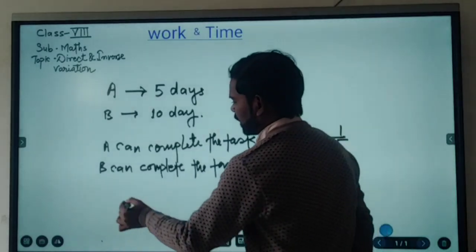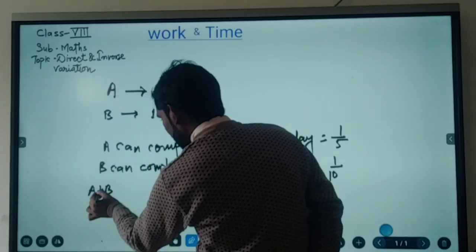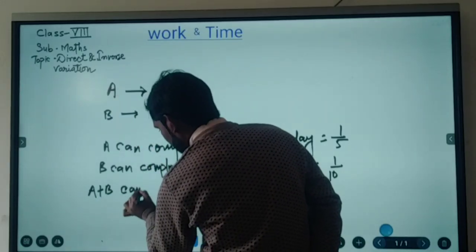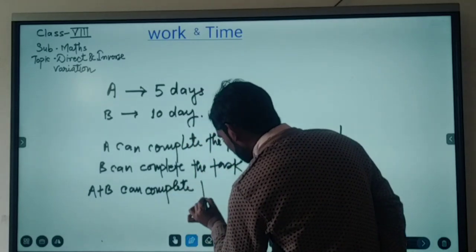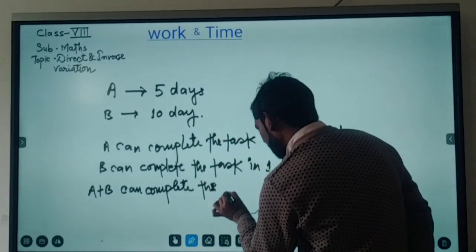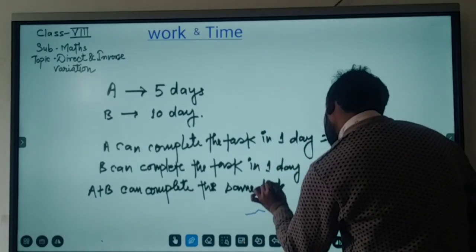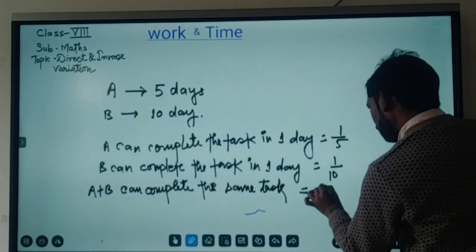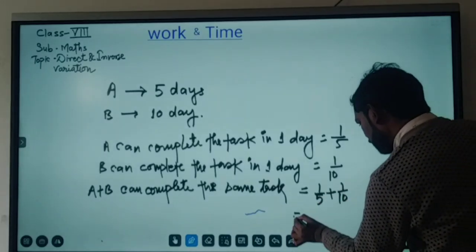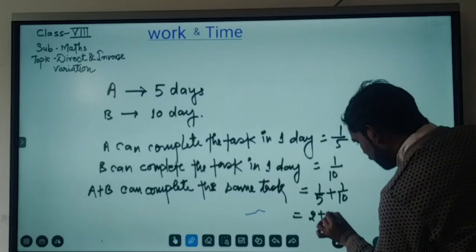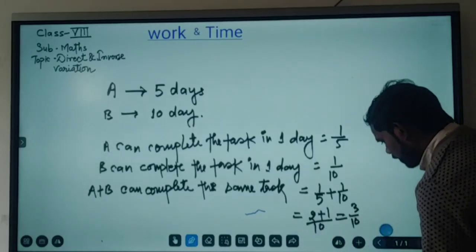So, when A and B do the same job together, A and B can complete the same task in 1 day equal to 1 upon 5 plus 1 upon 10, which is equal to 2 plus 1 upon 10, which is 3 by 10.